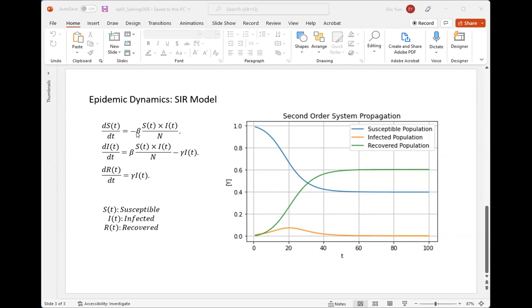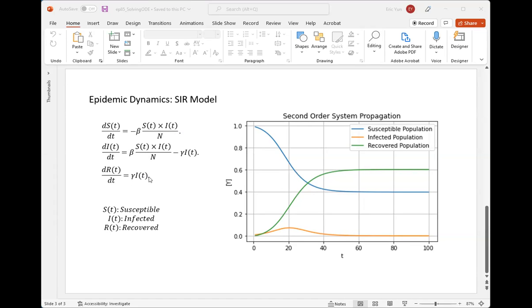And with a certain rate, the susceptible population decreases and becomes the infected population. The infected population increases, but also a fraction of it, a fraction gamma, leaves this infected population and becomes the recovered population.